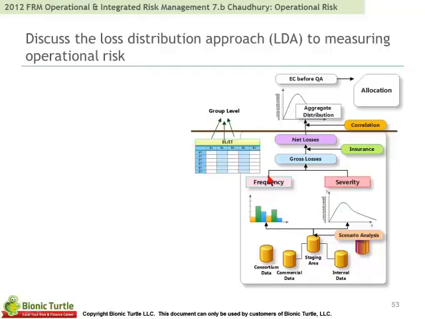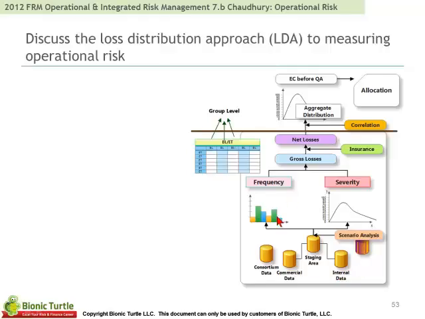And of course, the frequency will be a discrete distribution, almost always a counting distribution, and the severity distribution will tend to be a continuous distribution. And so then another common dilemma that we see thematic with operational risk is a difficulty of having lots of relevant data in the loss tail, and the need to complement any internal data, or supplement it, with other data sources, including consortium, commercial, and external.